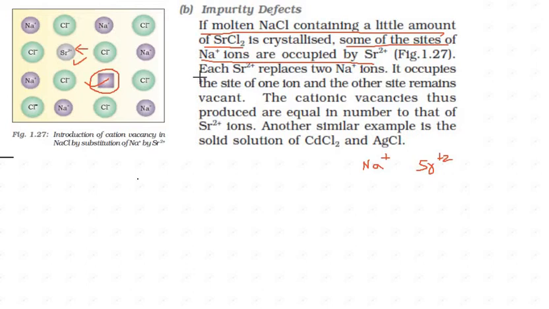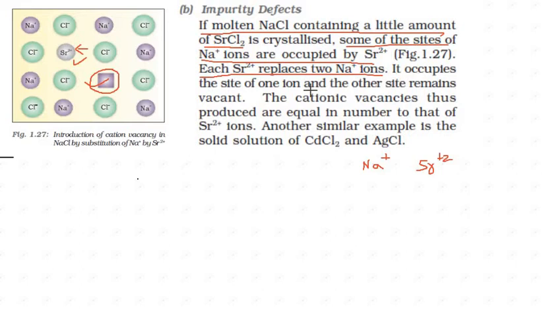Here it is written: each Sr plus 2 replaces two Na plus ions. You can correlate this like this: Na is monopositive and Sr is dipositive. Since it is dipositive, it removes two Na, to maintain electrical neutrality, so it will be easy for you to understand.